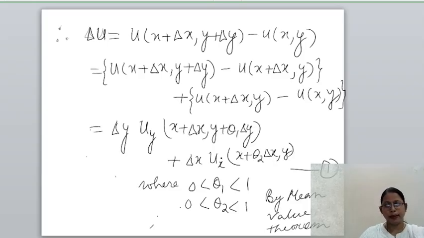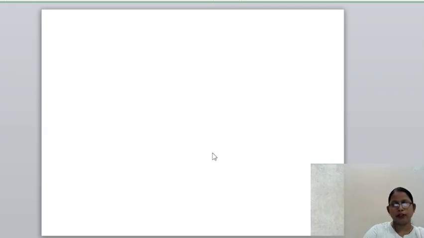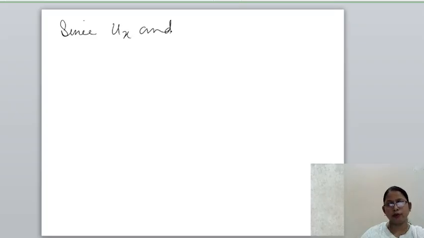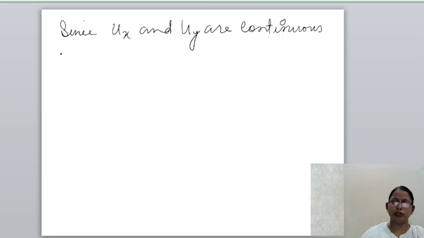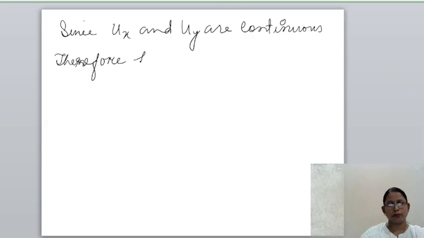Since uy and ux partial derivatives are continuous, therefore they are uniformly continuous.